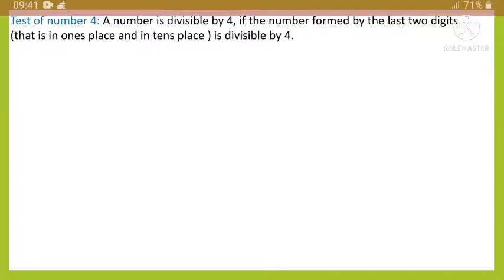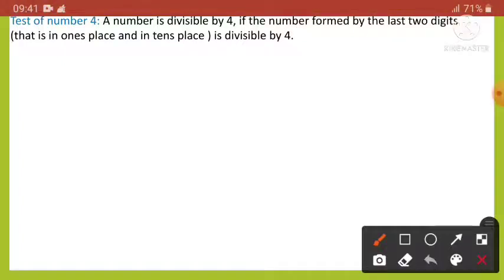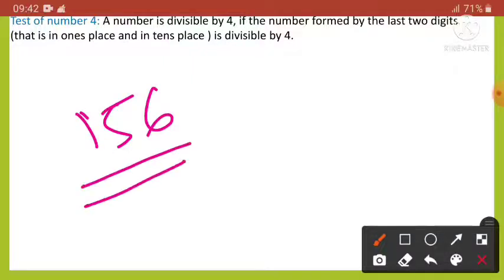Next one is 4. A number is divisible by 4 if the number formed by the last 2 digits, that means the ones place digit and the tens place digit, is divisible by 4. Suppose I am taking one number, suppose 156. To check the divisibility test, we have to take the first digit, that means the ones place digit, and then the second position digit, that means the tens place digit.